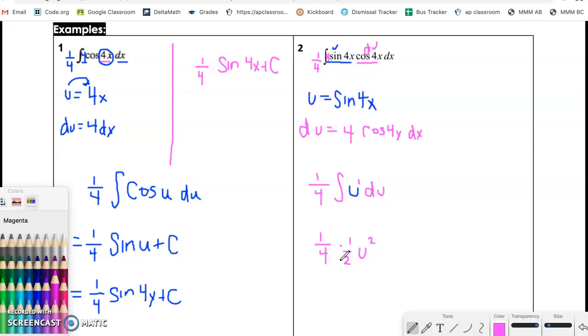Now 1/4 times 1/2 is 1/8 u squared plus c.